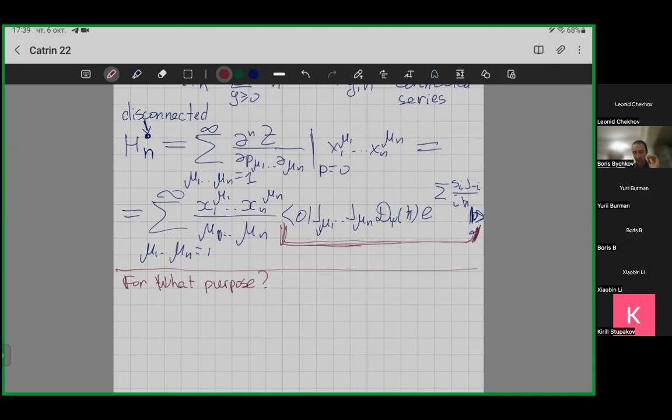Let me note that these j's with plus indices annihilate the vacuum vector because they are just differentiations, and these j's with minus indices annihilate the co-vacuum because it's just a multiplication by p mu, and then we put all these p mu to zero.